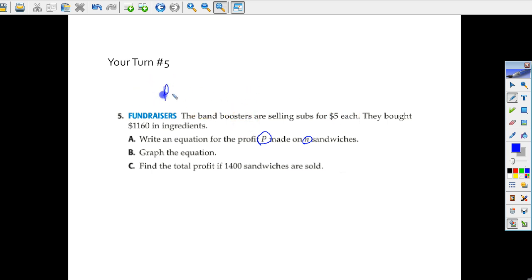P is going to equal 5 times N, but they already spent this much, so you're going to subtract $1,160. That's your part A. Now try to graph this equation and then find the total profit if 1,400 sandwiches are sold.